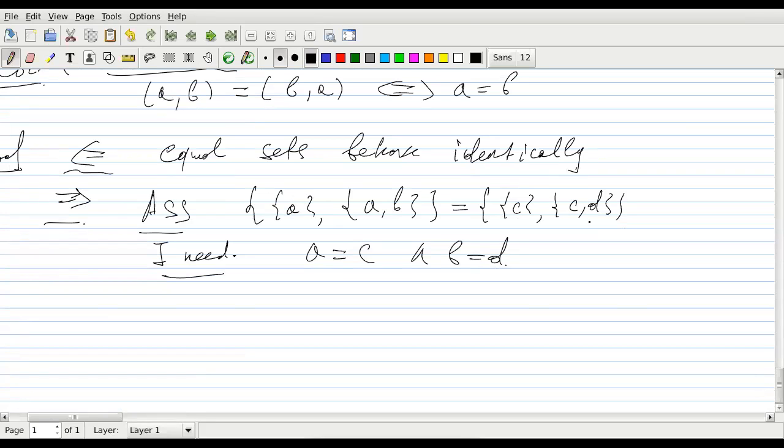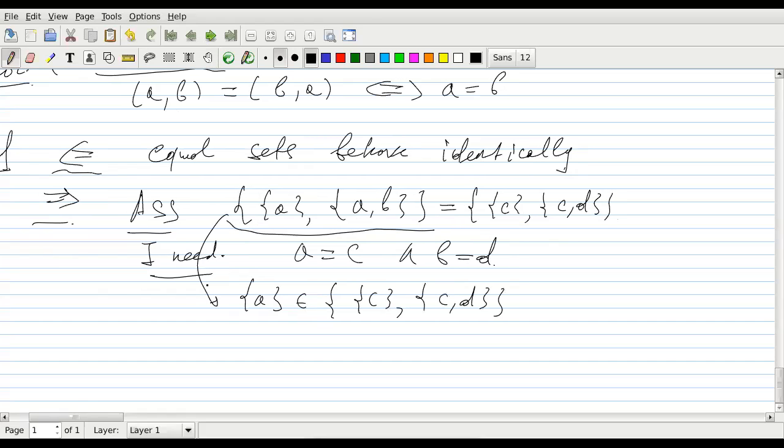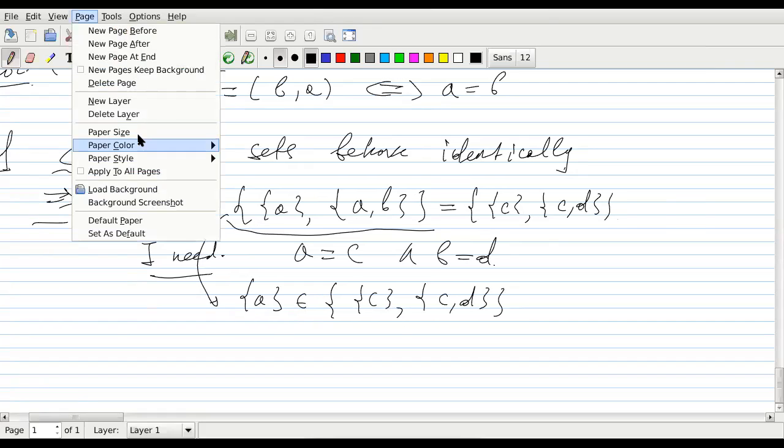By the way, from my assumption, I see that, say, the singleton of A is an element of this set. Do you agree? Yes. Why? Because it is an element of the left-hand side. Hence, it should be an element of the right-hand side. Then, excuse me.